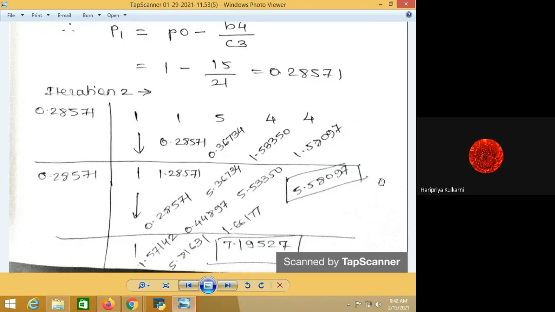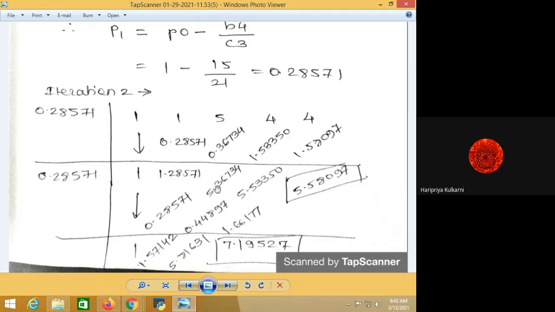Let us calculate the C terms. So 1 is as it is, C0. 1 into 0.28571 is as it is. This plus this will give me 1.57142. This into this, C1 into P1, will give me 0.44897.